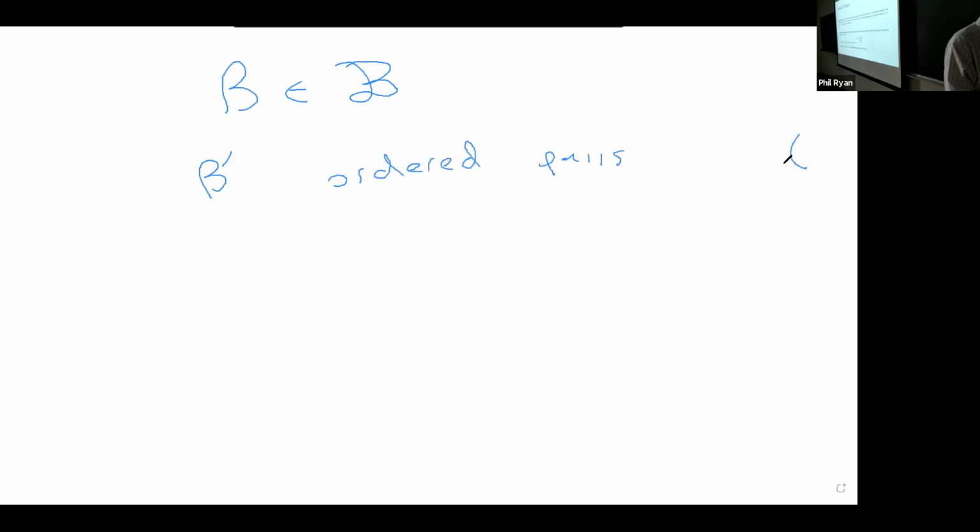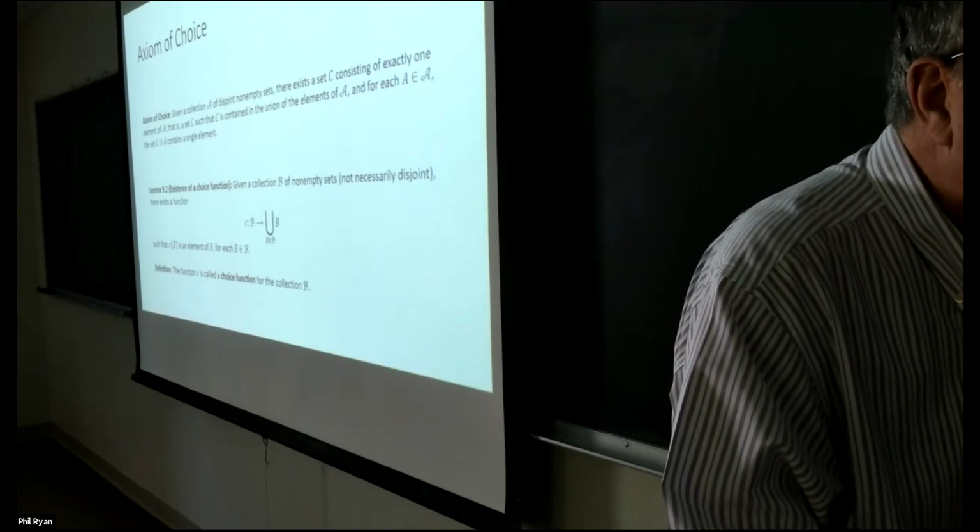So if we have some element from our collection of subsets, let's have a look at the collection of ordered pairs B, x, where B is an element and x is an element of B. Okay, so I think I already have this down.